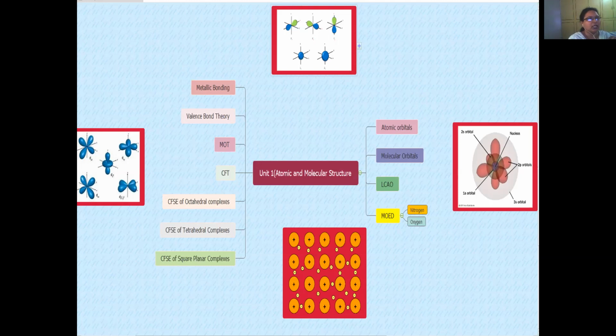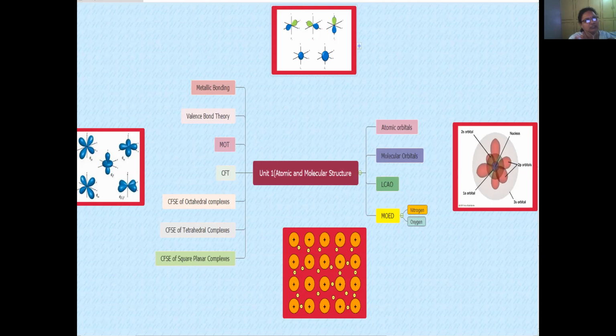Then we had LCAO, linear combination of atomic orbitals, where we saw constructive and destructive interferences, that is the formation of psi plus and psi minus. Then we had molecular orbital energy diagrams, first for hydrogen, which is simpler, and then nitrogen and oxygen.